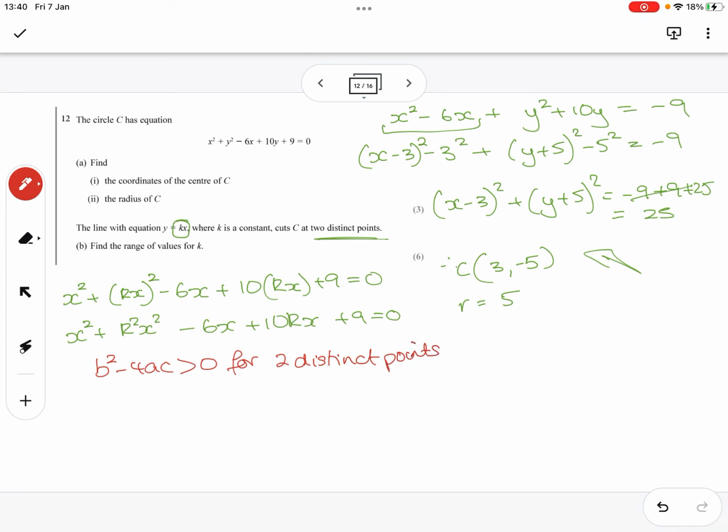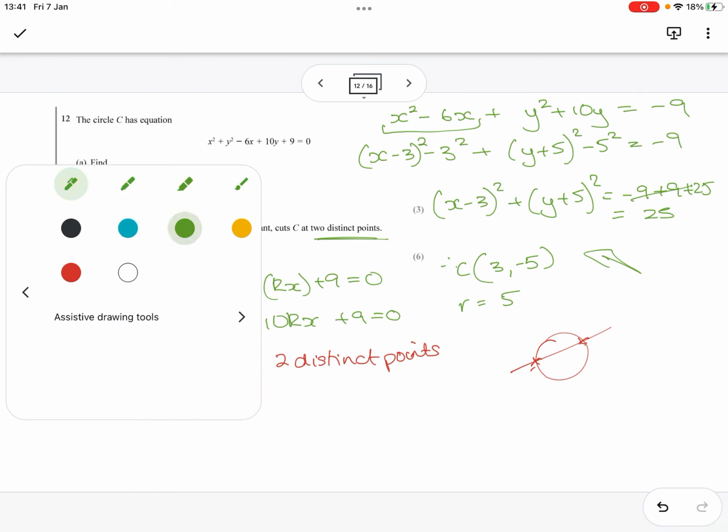Okay, so this equation here is the equation to find the x values of where your circle and the line cross, because those x values are the same. And so you've got a quadratic giving you those 2 solutions. So this is true, the discriminant does work.